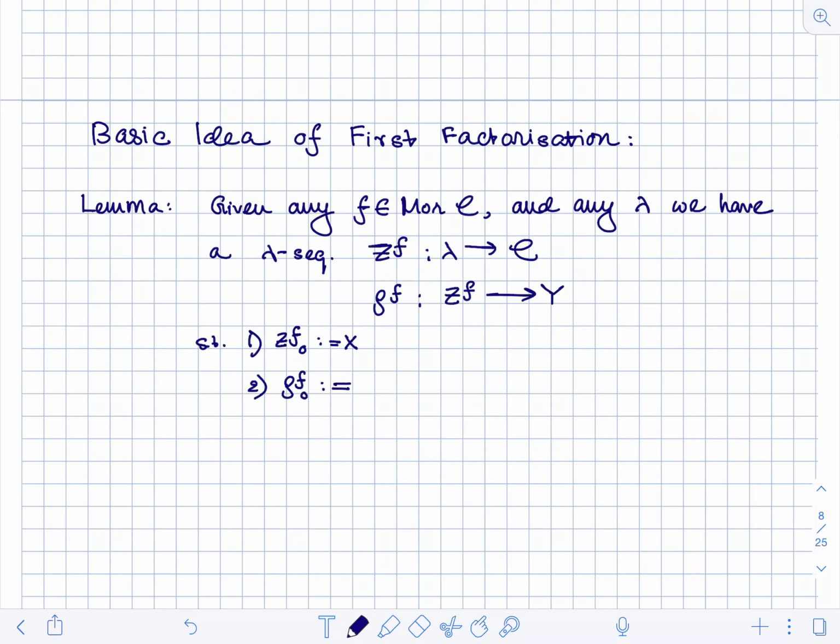the first arrow, right? So the natural transformation essentially gives you a collection of rho f betas.